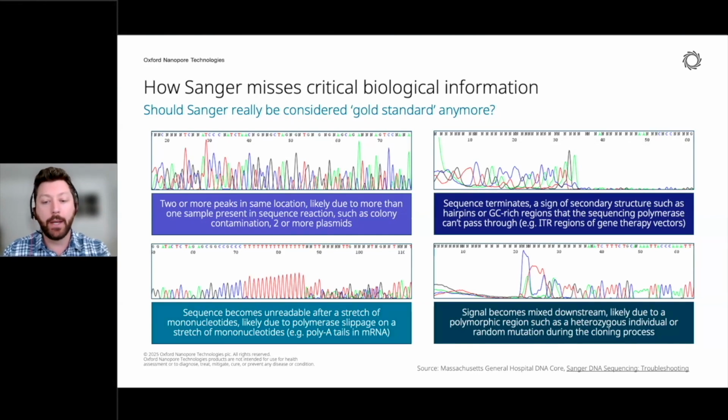And finally, in the bottom right, we see a sequence that starts off clean, but then becomes mixed and ambiguous downstream. And this can happen in a polymorphic region or perhaps after a random mutation was introduced during the cloning process. And again, Sanger typically fails to resolve this biological complexity within a sample. So in all these cases, you're really not getting the full story, and that is a risk when you're working with gene therapy vectors or synthetic constructs or these critical QC checkpoints.